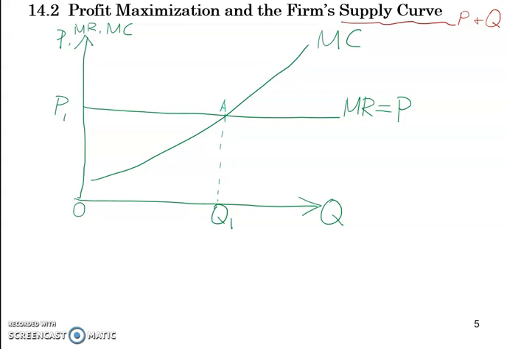That relationship can be shown with a supply schedule, which is a table, or a supply curve, which is a graphical representation. So here, let's start with this profit maximizing point, point A.